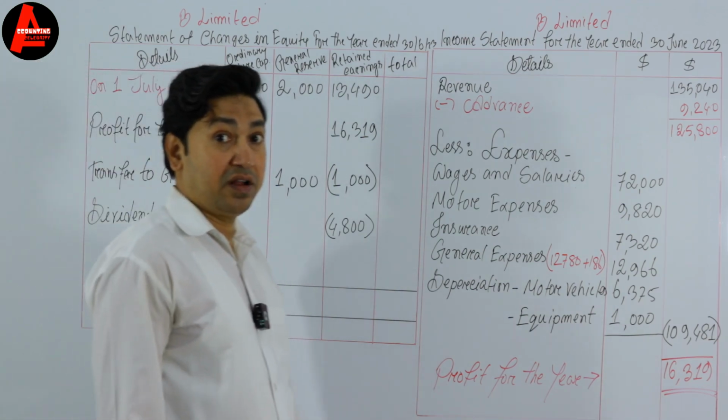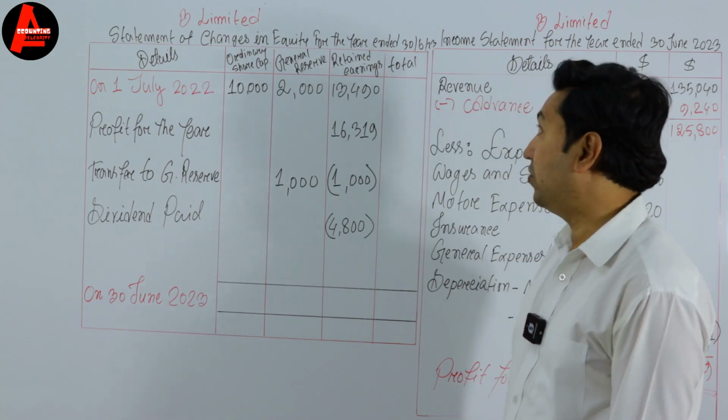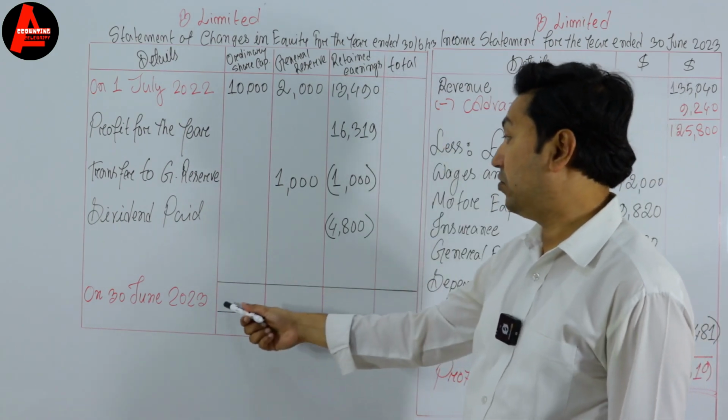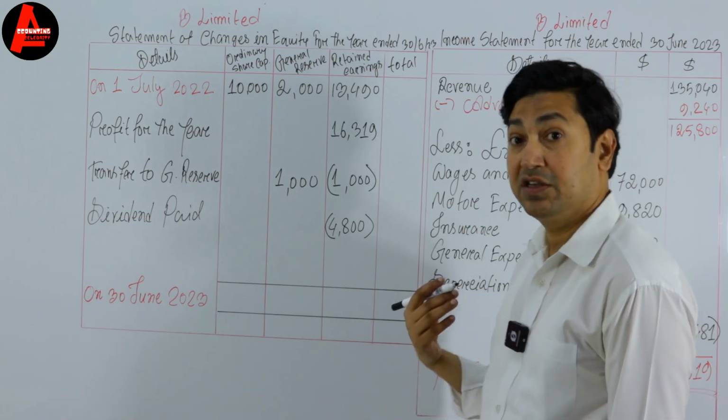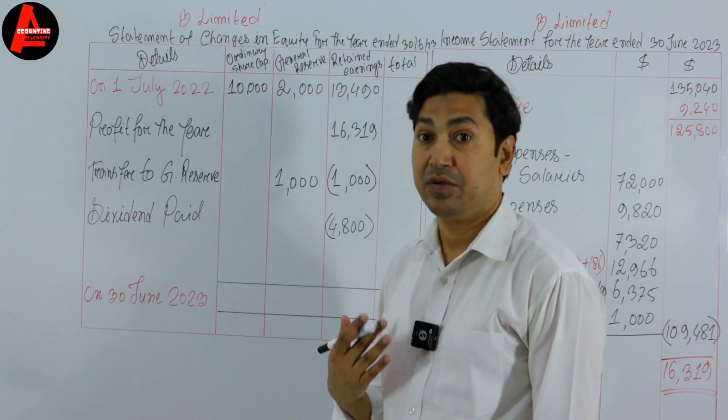That's all, we have nothing else. Now we will sum up. There is a total column and also total rows, so we calculate in two ways, horizontally and vertically.